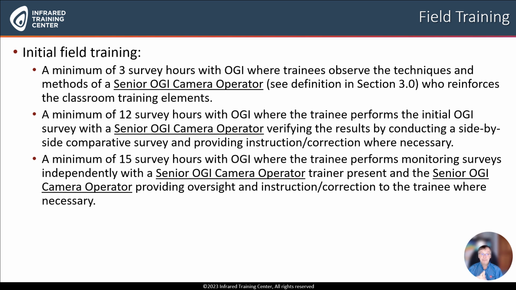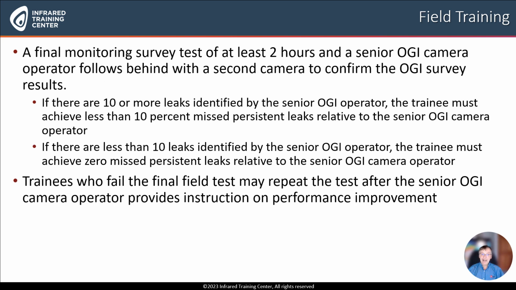And the third part, a minimum of 15 survey hours where you go out and perform the inspection independent of a senior camera operator, and they review your work. Okay, so this is what the EPA hopes will make sure that the absolute best, most highly trained and competent inspectors will be out there.